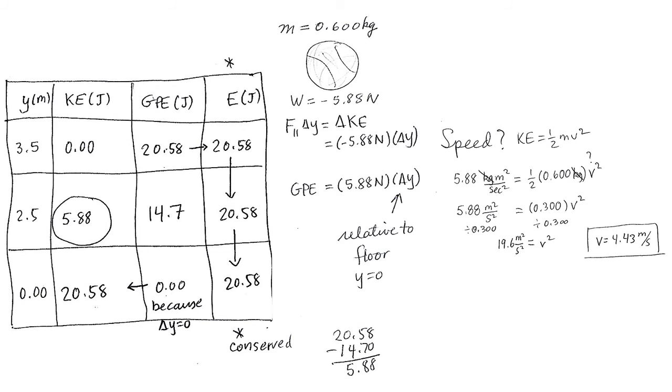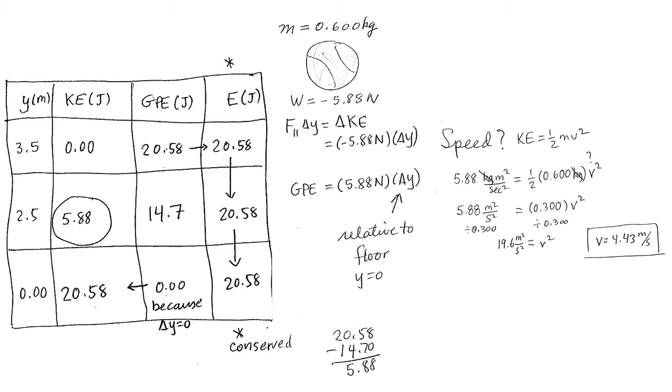It's 2 times g. Using a nice problem. Anyway, there's v squared. And notice, you guys, that my units over here on the left are the square. So that's good. Now all I have to do to get v is hit my square root key.